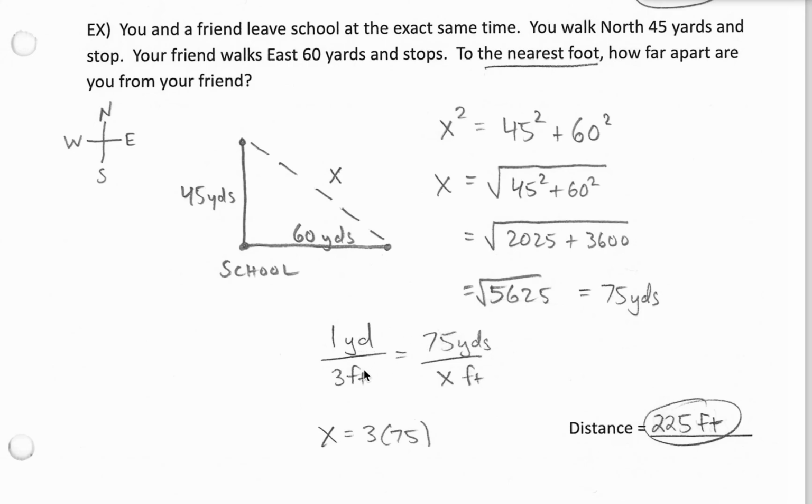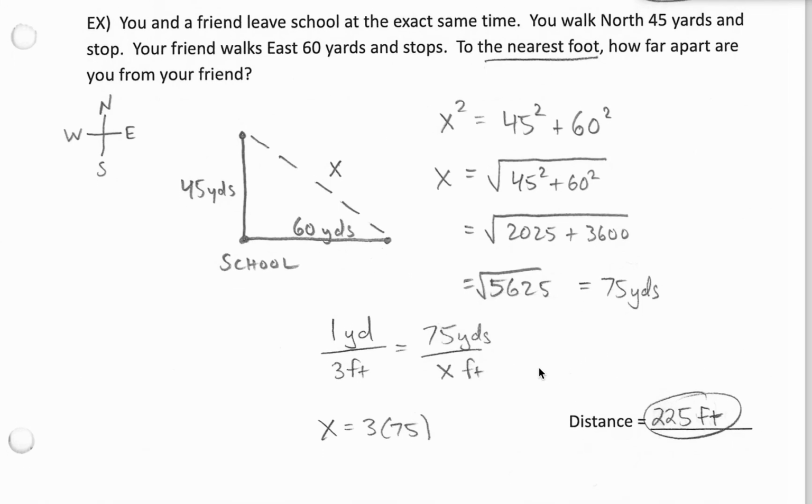So yards on top, feet on the bottom. Although you could flip both of these ratios, put feet on top and yards on the bottom, that would be okay. Cross multiply to solve a proportion. So 1 times x is x. 3 times 75 is going to give us our distance, 225 feet.